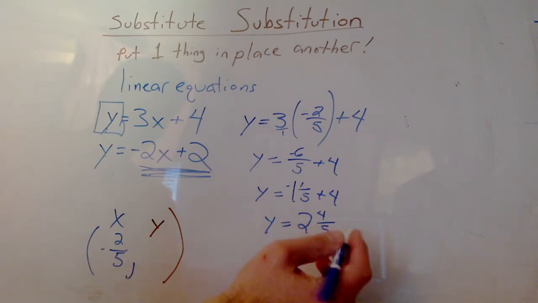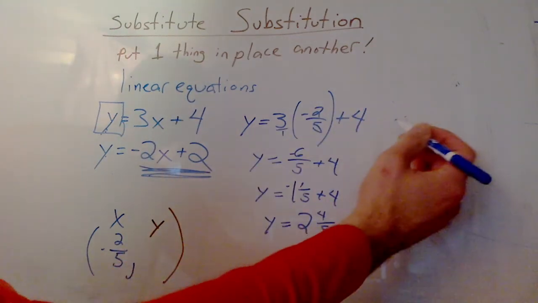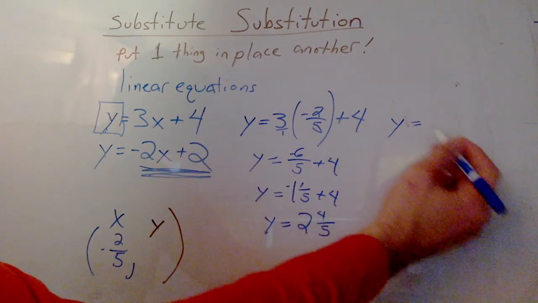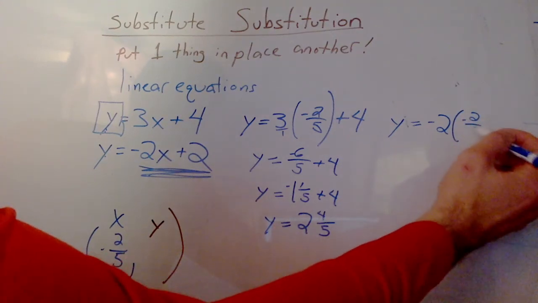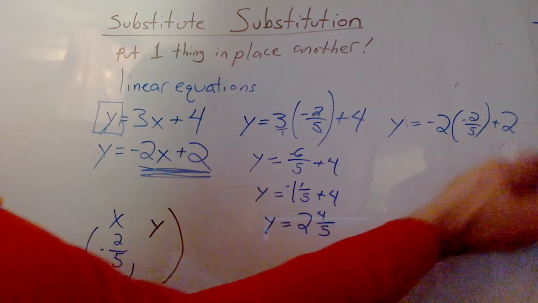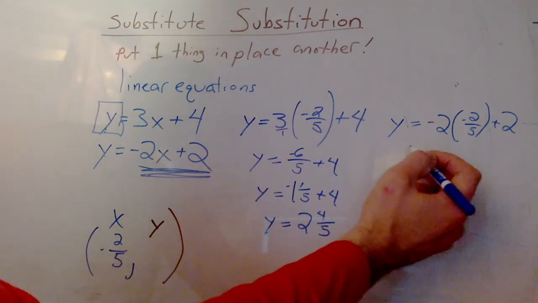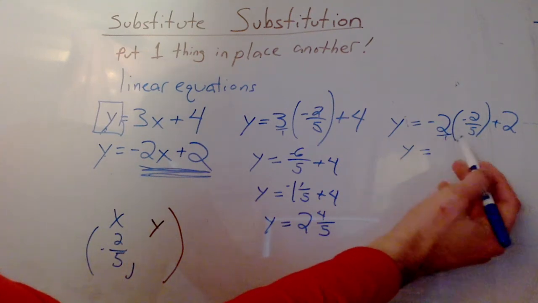Now let's try it with the other equation. y equals negative 2x plus 2. So y equals negative 2 times negative 2 fifths plus 2. Okay, so now y equals, again, I'm going to put the whole number over 1.